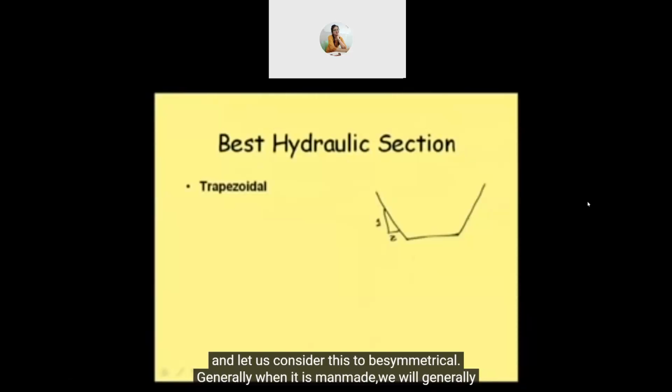Generally, when it is man-made, we try to make it symmetrical. Of course, in some cases in hills, we may go for unsymmetrical also. If on one side we have a slope and on the other side we do not, then we may go for an unsymmetrical channel. It may be required, but normally we go for a symmetrical section. Say depth is Y.